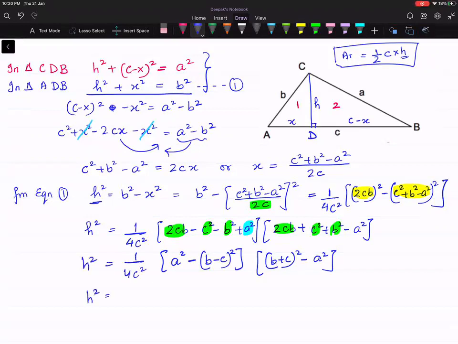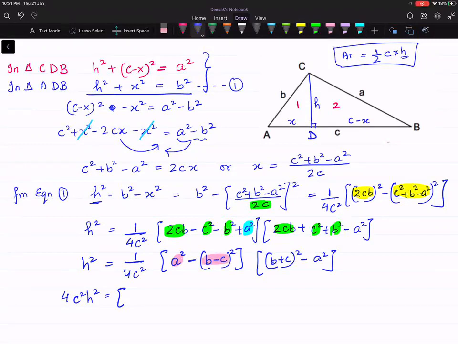h square is 1 upon 4c square, let's take this to the other side. So what I'm getting here is 4 times c square h square. This is equal to, again I'm applying the same identity, that is a square minus b square, right, x square minus y square.